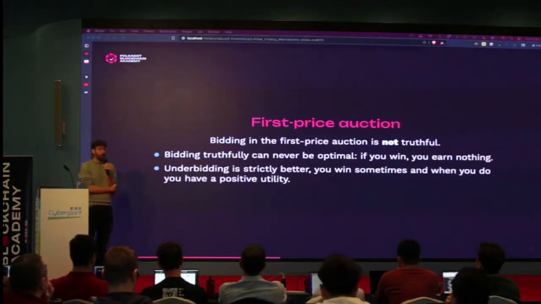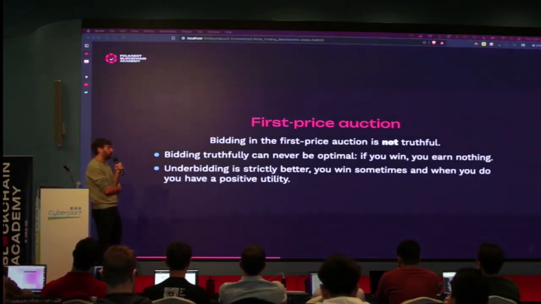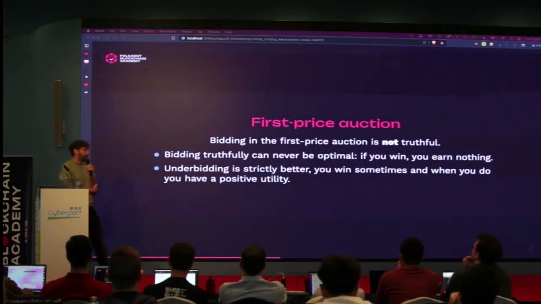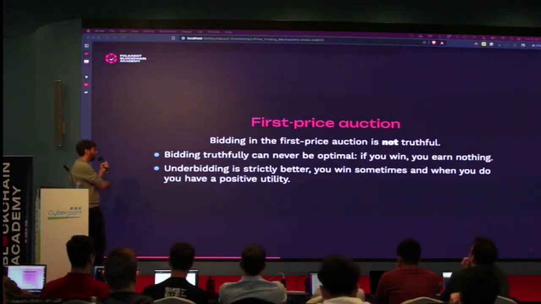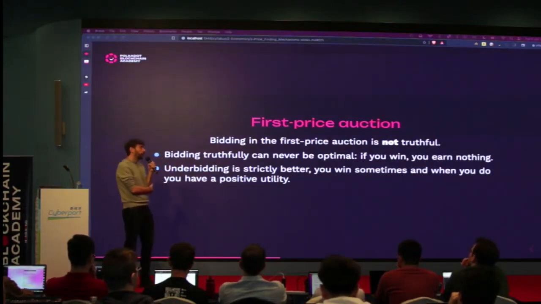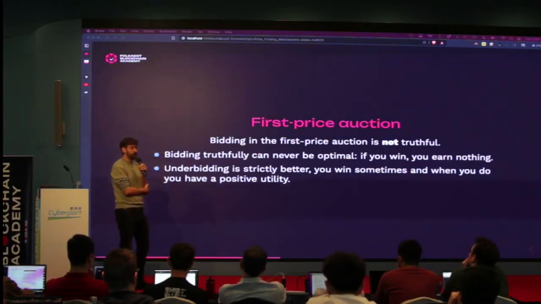And that is actually a big problem for decision makers in real life, right? Because you want to have the good for 100, but if you get it for 100, you're actually not very happy. So you need to underbid to actually make some surplus here. And that is what I'm saying here. Underbidding is strictly better, because you only win sometimes, but if you do, you actually have a surplus. Does that make sense?